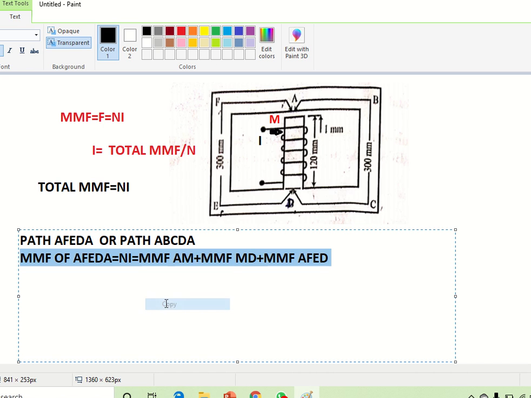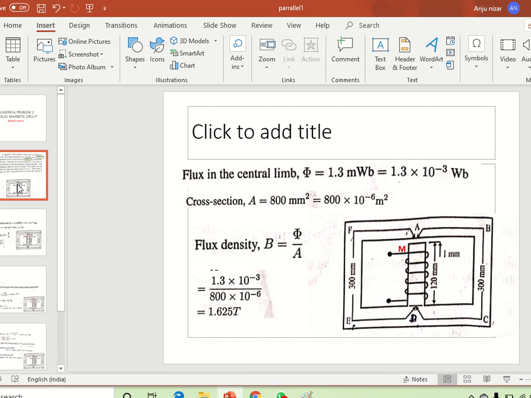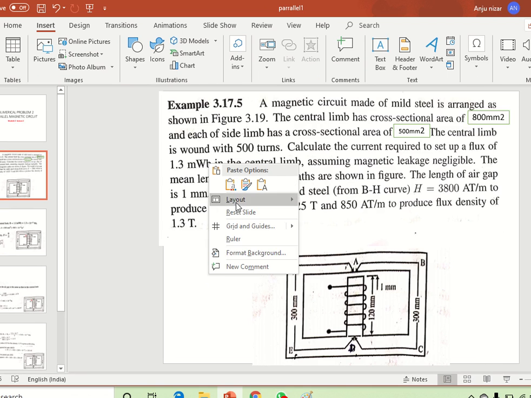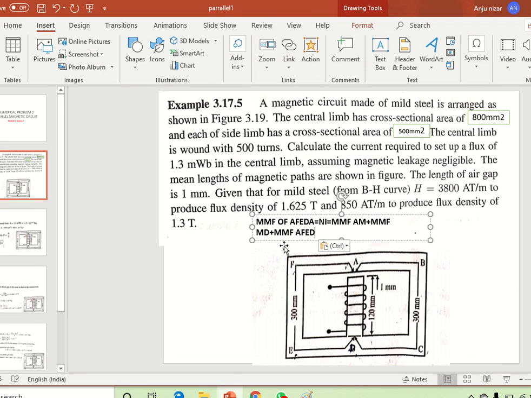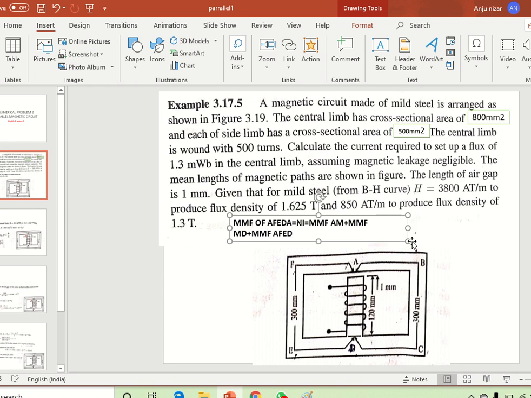Coming to our slide, this is the total MMF of our circuit. MMF of AFEDA equal to this total MMF.